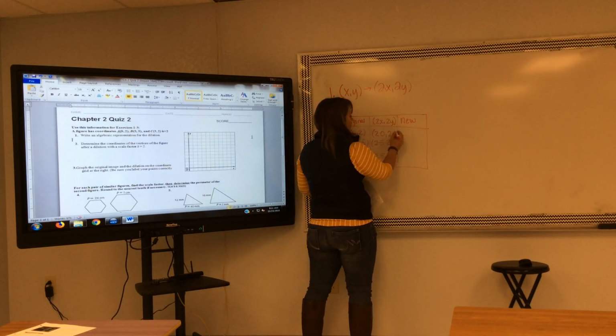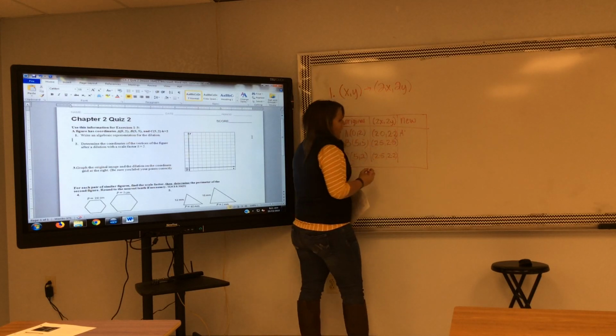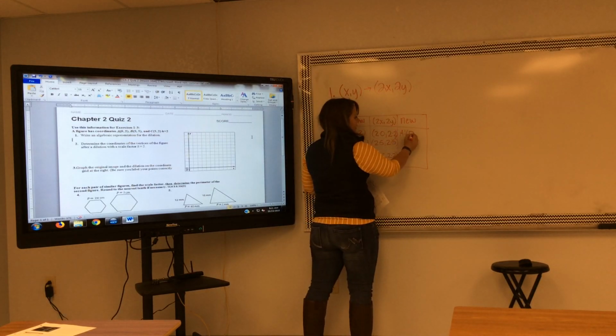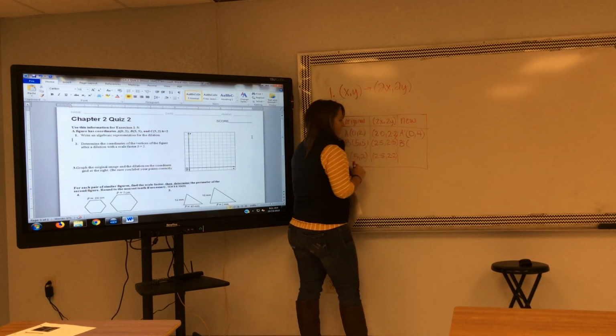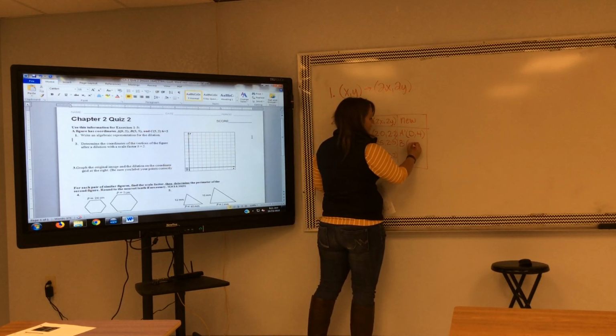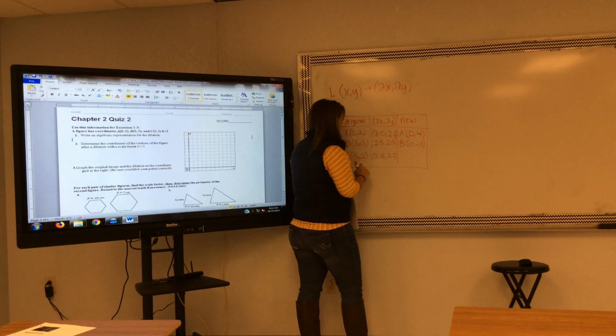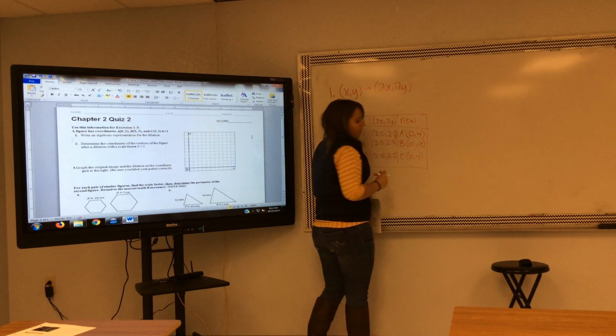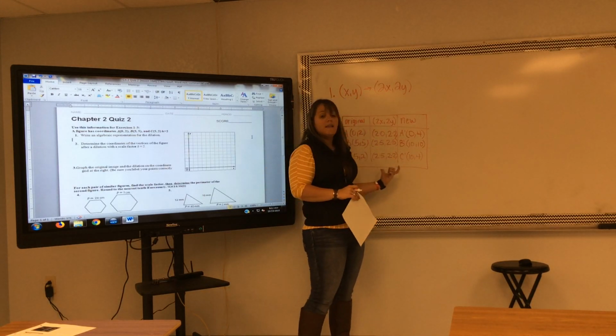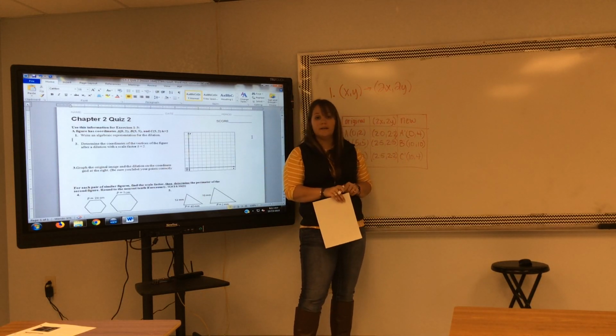So now, if my first point was A, this point is now A prime. 2 times 0 is 0, and 2 times 2 is 4. If this was point B, then this is point B prime. 2 times 5 is 10. 2 times 5 is 10. And if this was point C, this is point C prime. 2 times 5 is 10, and 2 times 2 is 4.